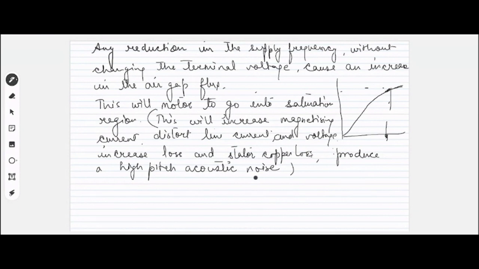That's why what is being done? Your voltage is also being reduced along with the frequency, such that your flux may be kept constant. So we reduce the voltage along with the frequency to keep the flux constant.